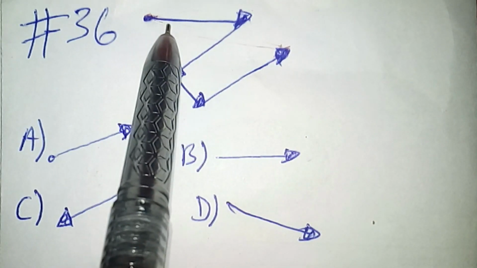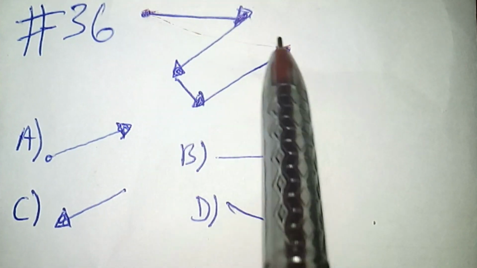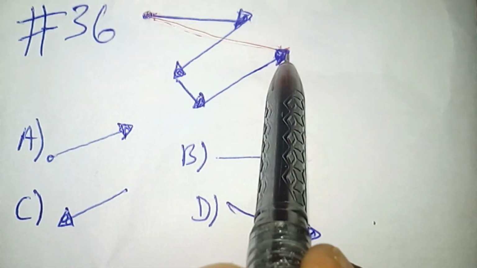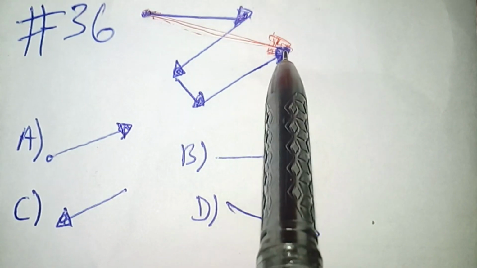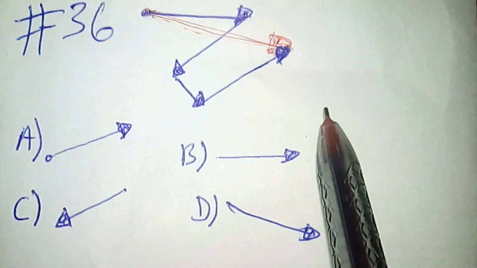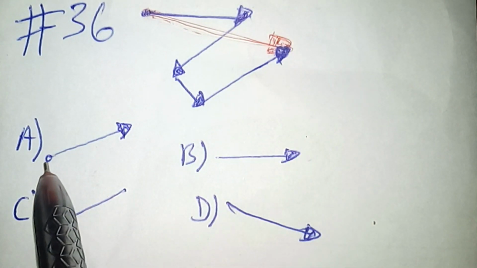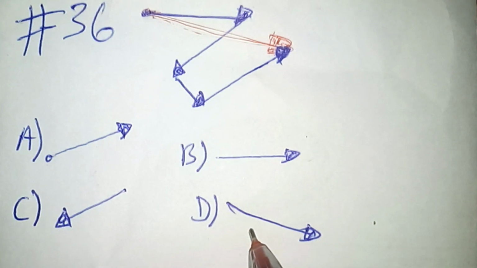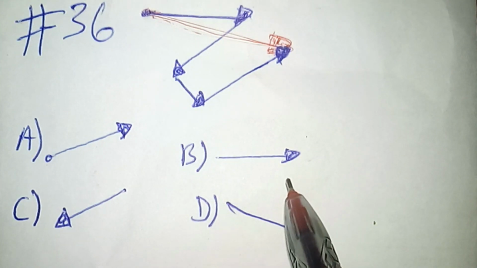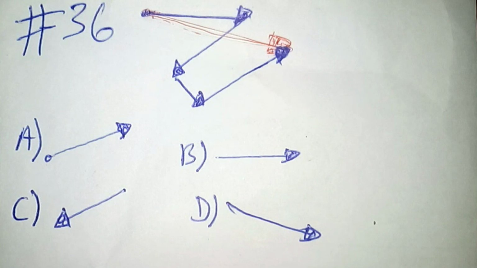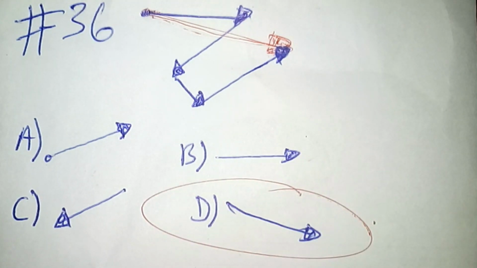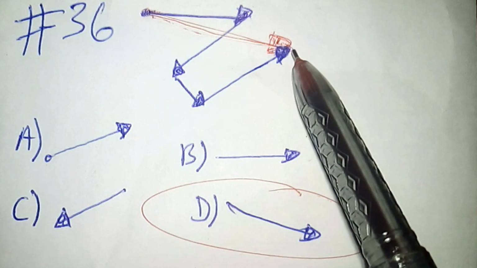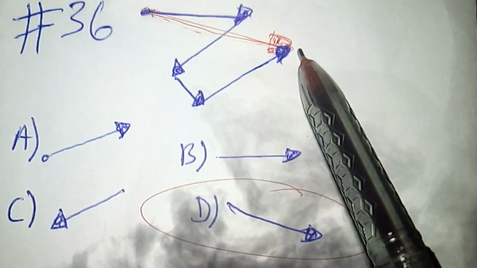So if we connect these two points together, we get the vector like this. The red vector is the resultant displacement of the bird. Among the given alternatives, we can see from the diagram that alternative D represents the resultant displacement traveled by the bird.